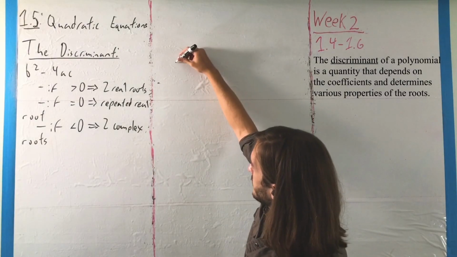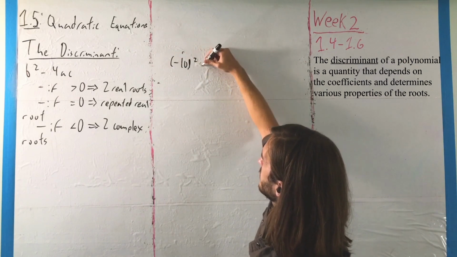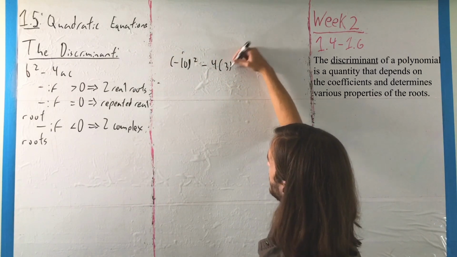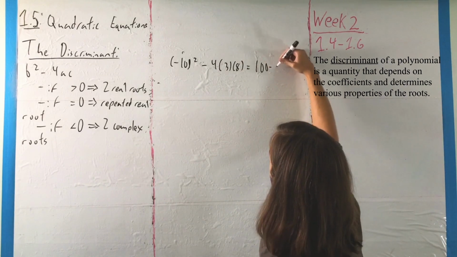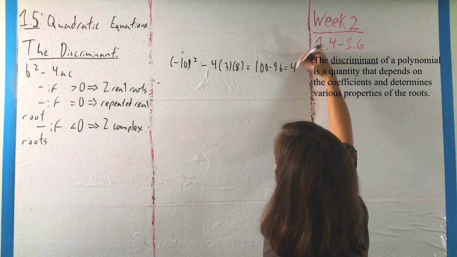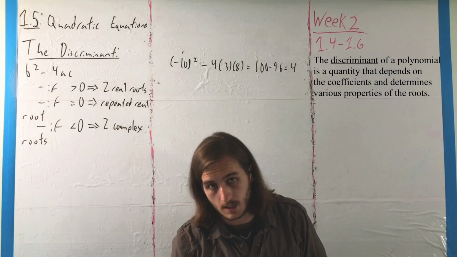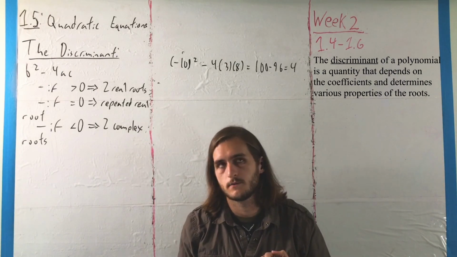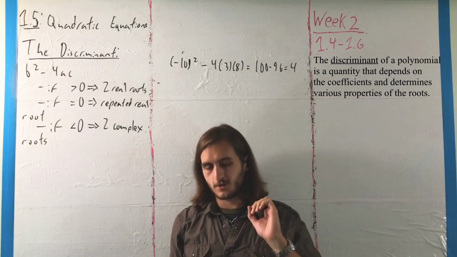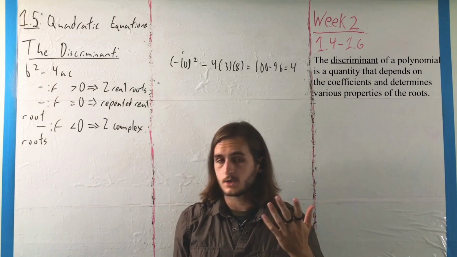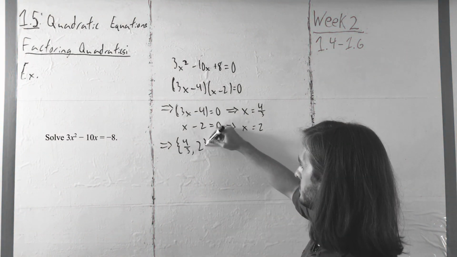So we would have negative 10 squared minus 4 times 3 times 8, which would end up being 100 minus 96, or 4. And as a result, that would imply that we should expect to get two unique real roots, which, look back at that one, we did get.